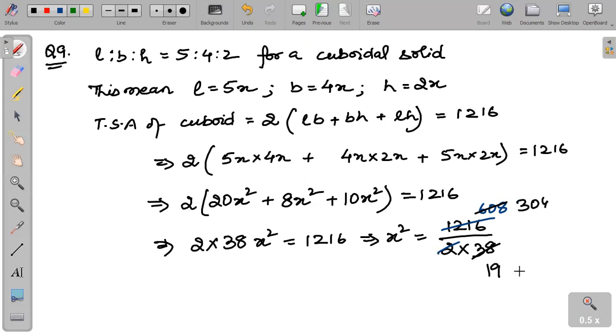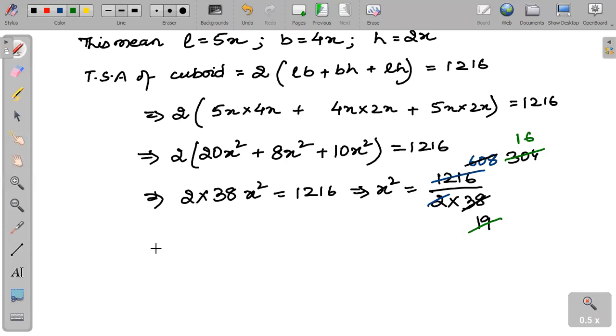Then with green I will try to cancel this. 19 1 ja 19, the remainder will be 11, 19 6 ja 114. Yes, very good. So this implies x is equal to root under 16, that is 4.